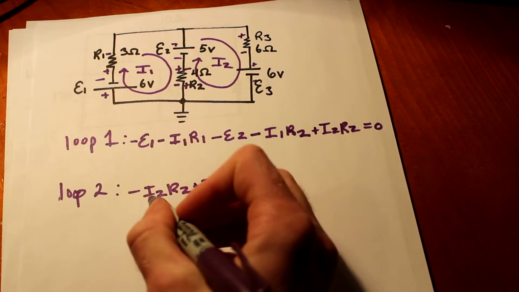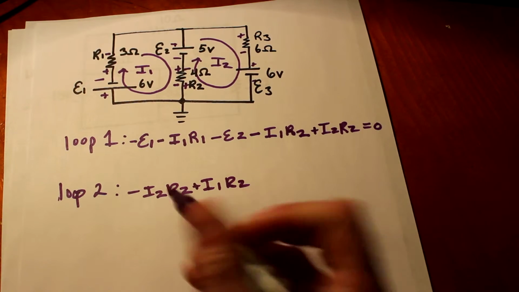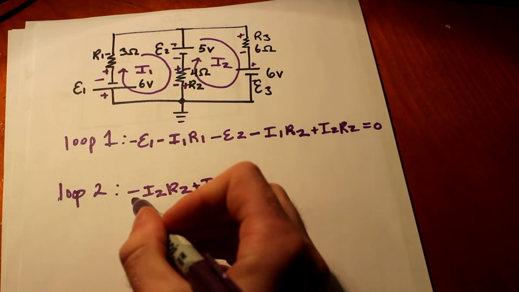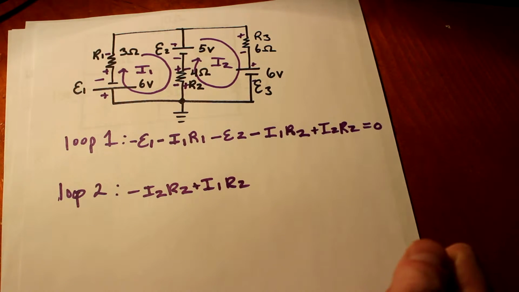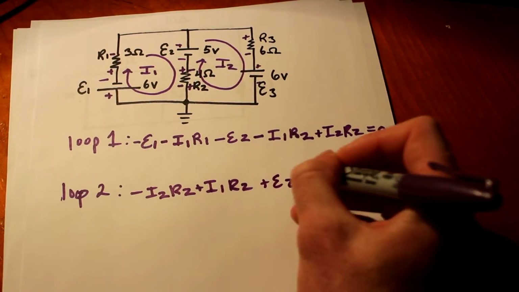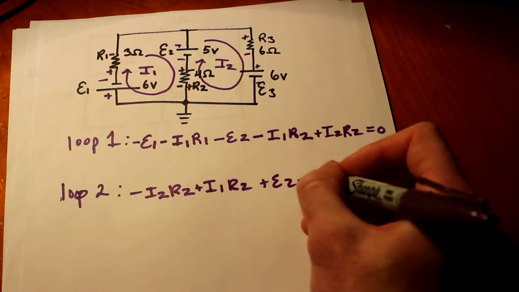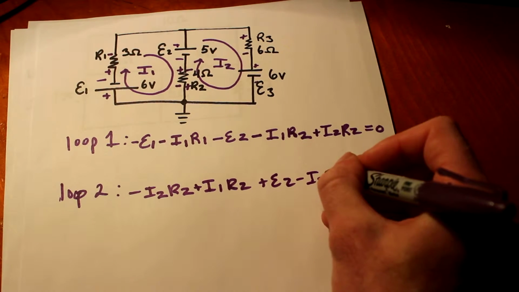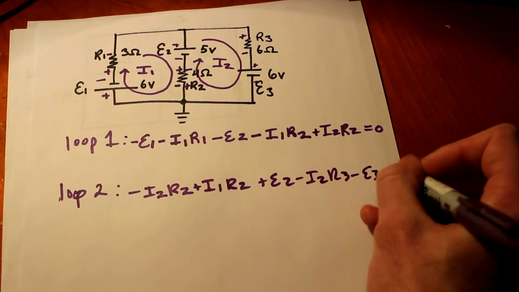So it's the exact opposite of what we have here. I hope that makes sense, because that is maybe the most essential part of mesh analysis when it comes to getting that answer right. So then we have plus E2, and I'm going to speed through the rest of these a little bit, minus I2 R3, and minus E3 equals 0.